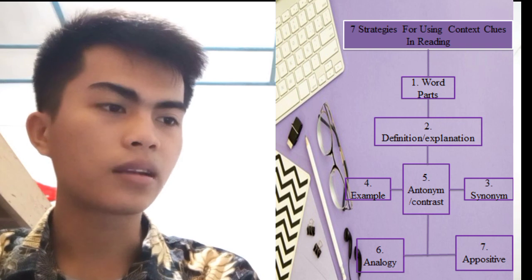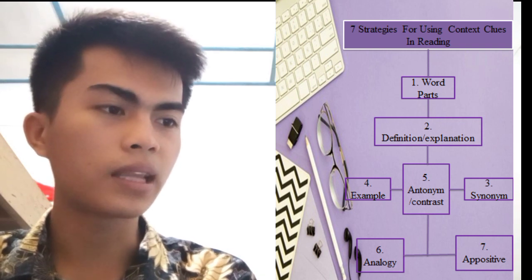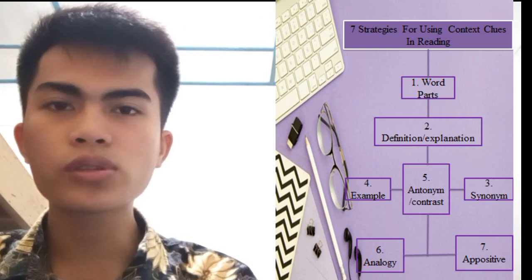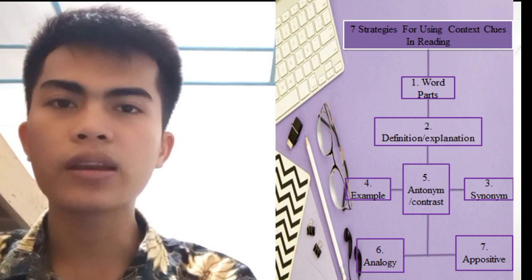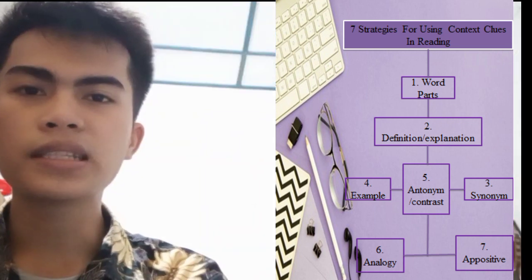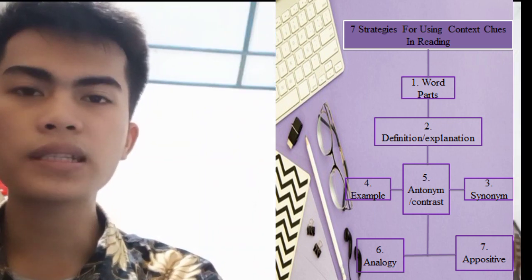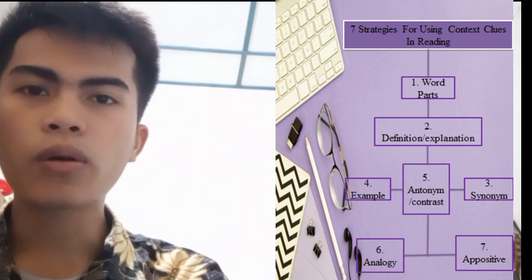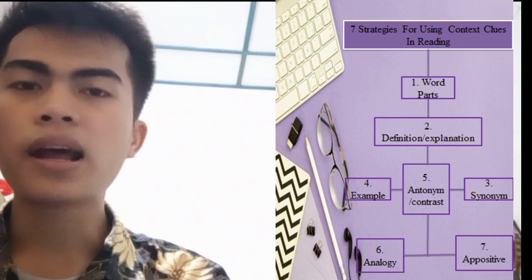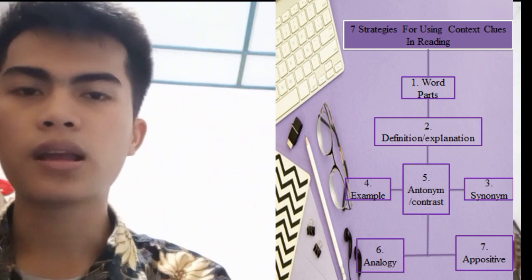An analogy is a comparison between two things that are similar in some way. So readers can use this to understand the unfamiliar words from the text. The last is an appositive. An appositive is a noun or noun phrase that renames or explains another noun in a sentence. Well, that's all my explanation and thank you.